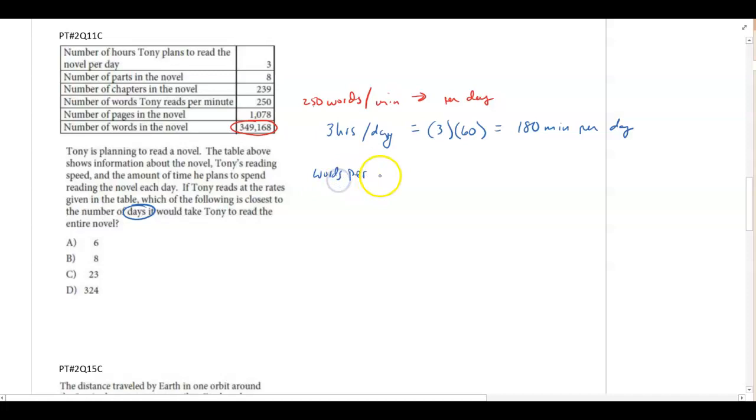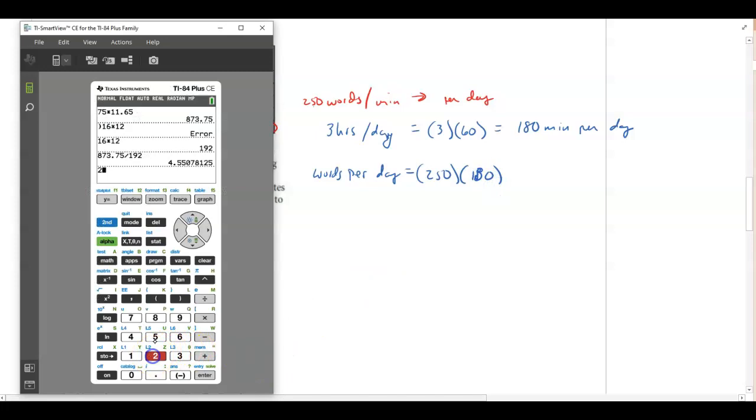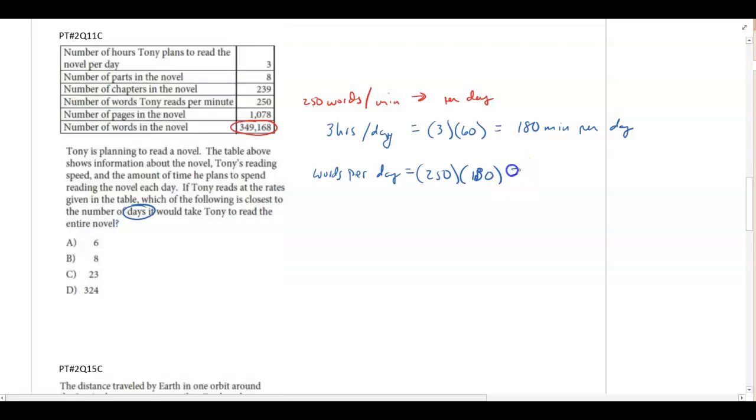that means right away the words per day would be 250 times 180. If I go to my calculator, 250 times 180 would tell me he's reading 45,000 words per day.